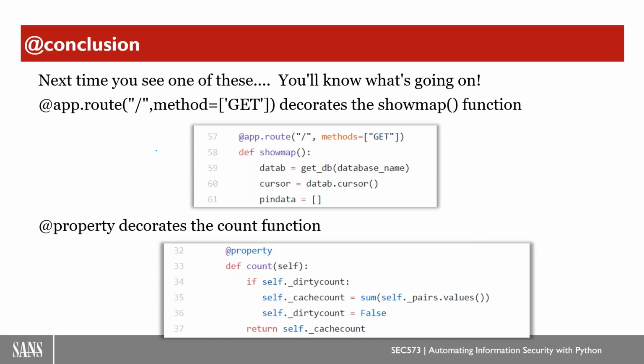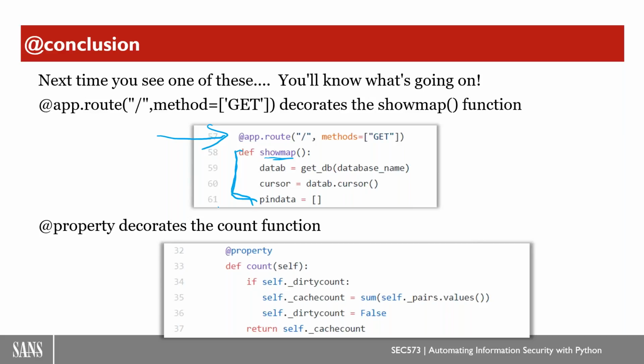So the next time you're looking at a Flask application and you see a command that looks like this, @wraps route, this thing is wrapping a function called showmap. What is this doing? Well, what this is doing is it is overwriting the showmaps function, this original showmaps function as defined here on the screen, with a new version of showmaps.